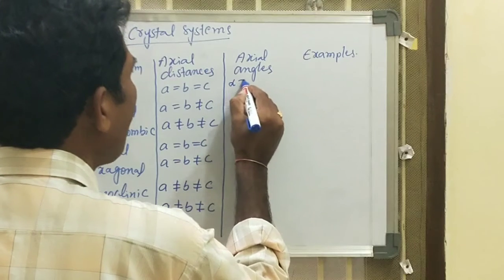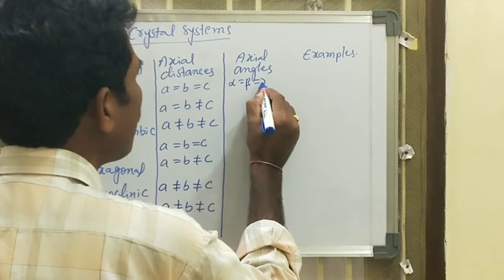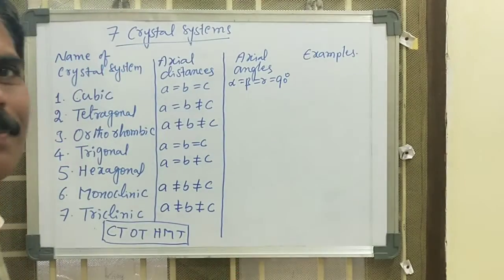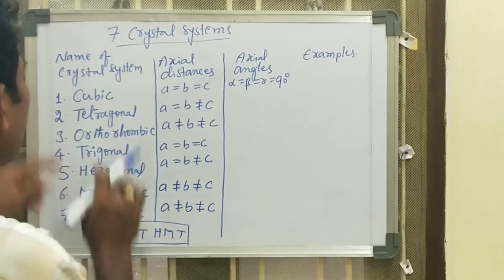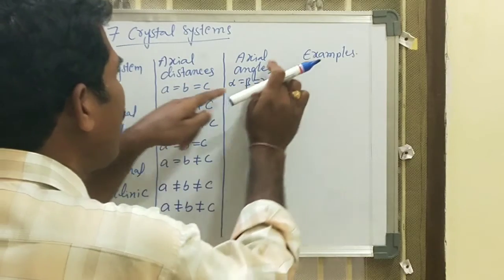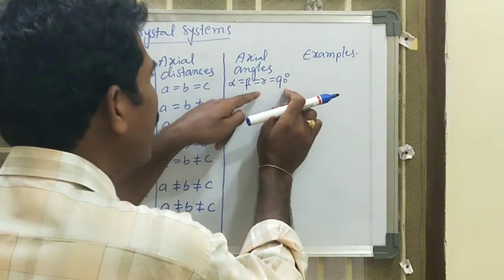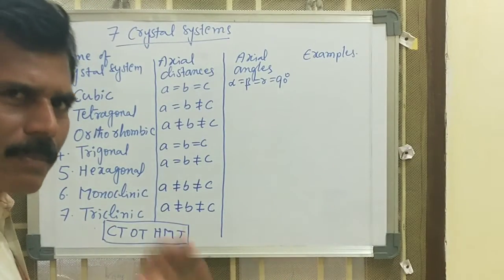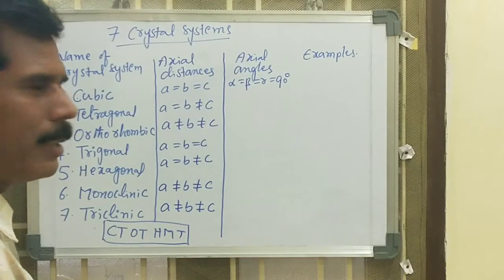Here, alpha equal to beta equal to gamma equal to 90 degrees clearly. Right? So for a cubic system, axial distances are same and axial angles are equal to 90 degrees. Later, I will give you a very important point.